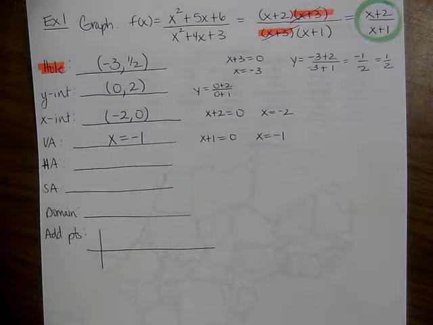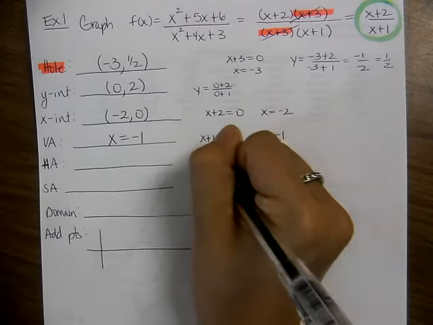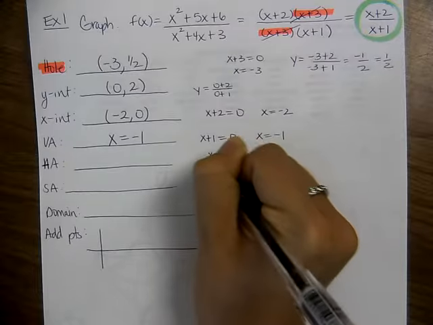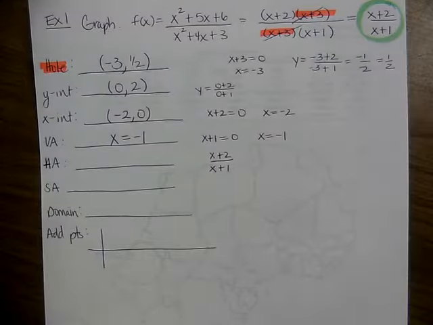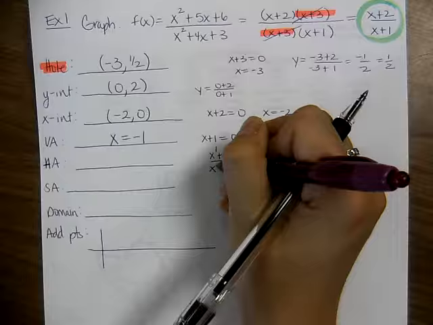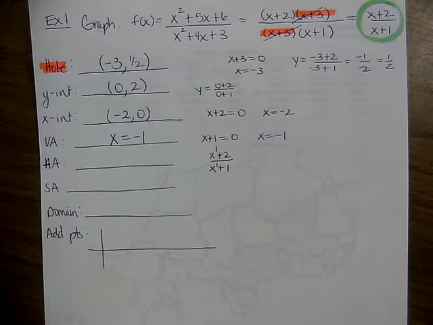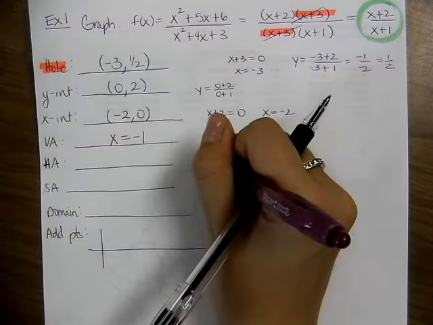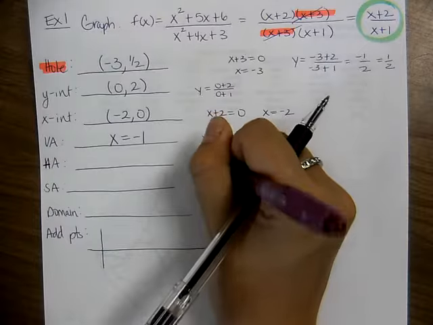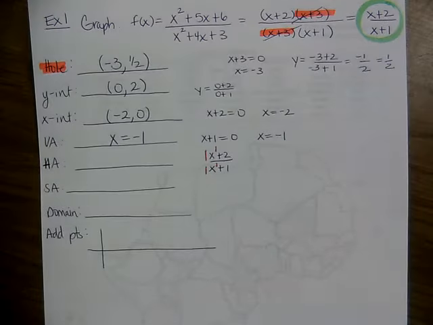So now I'm focused in on the degrees. So I'm looking at (x plus 2) over (x plus 1), and I'm focused in on the degrees. Now the degree in the numerator is 1, the degree in the denominator is 1. When the degrees are equal, what do you do? You look at the coefficients. So the coefficient in front of x is 1. The coefficient in front of this x is 1.